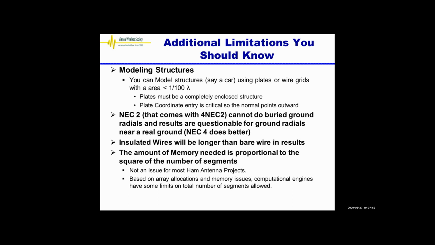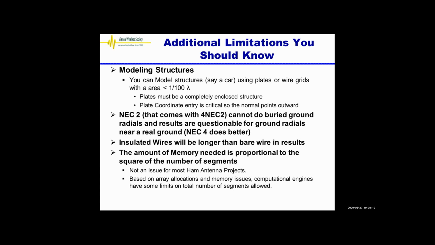Another point from my own experience: if you're running insulated wires, when you go off and build your antenna, you'll find your wires might be longer than the bare wires that you computed with. That's because the dielectric on the wire causes the energy to move slower.